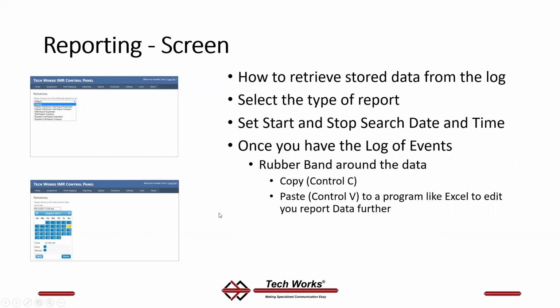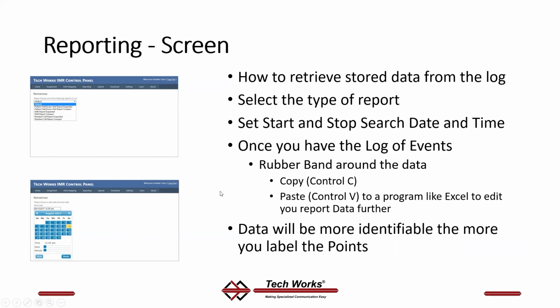And then once you have the log of events, so it's going to give you an output of all of the events, you rubber band around the events and copy and paste those into Excel or some other database manager that you use to manipulate the data.